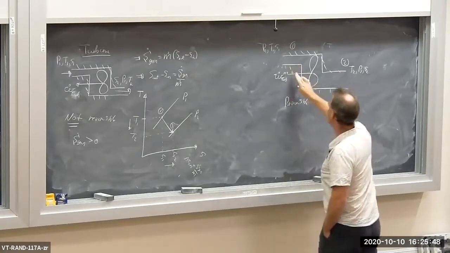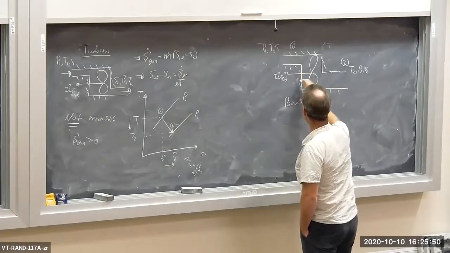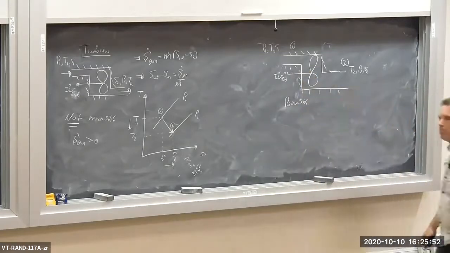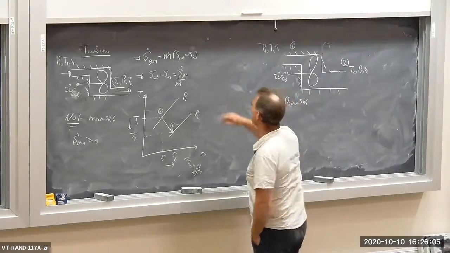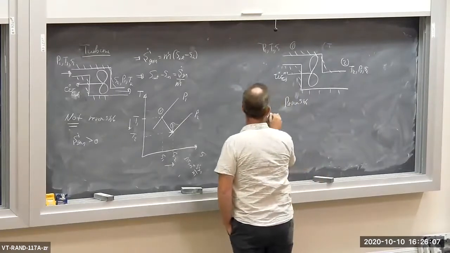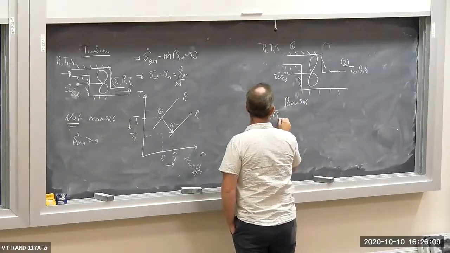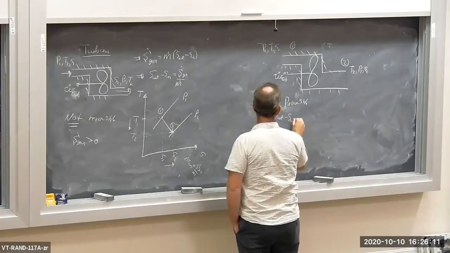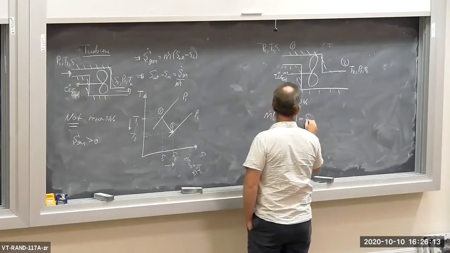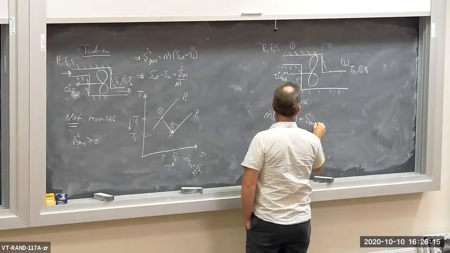Now, if I apply the entropy balance to my reversible turbine, adiabatic, steady state, I get the same equation. I get m dot times (S out minus S in) is equal to S dot gen.